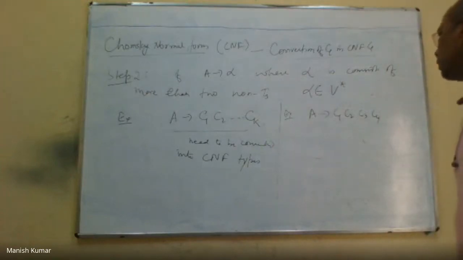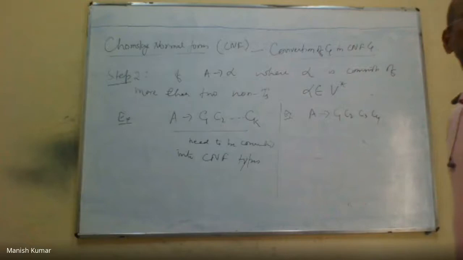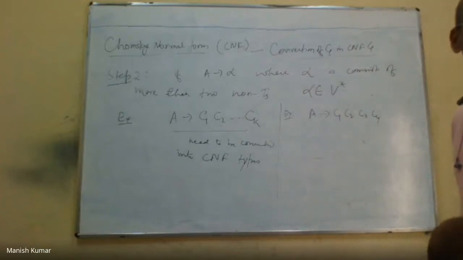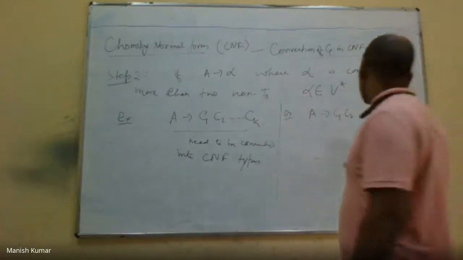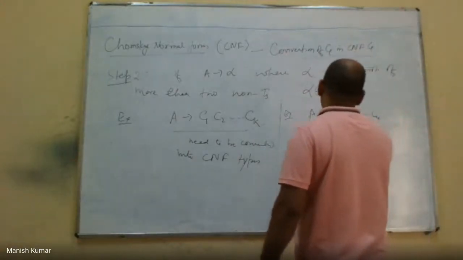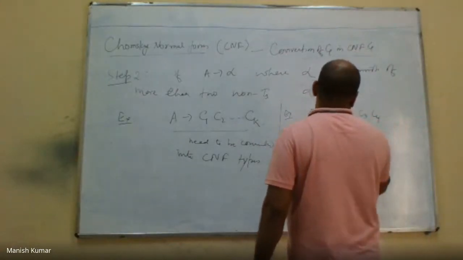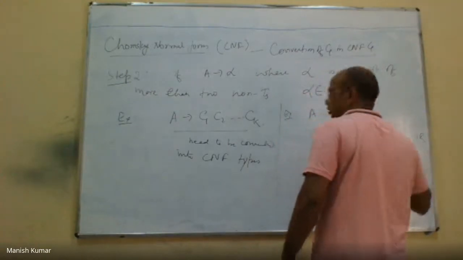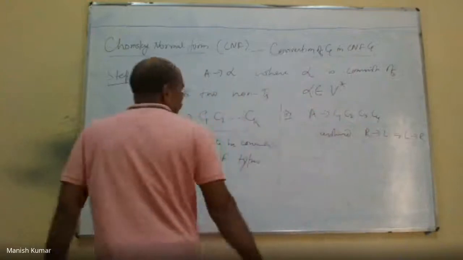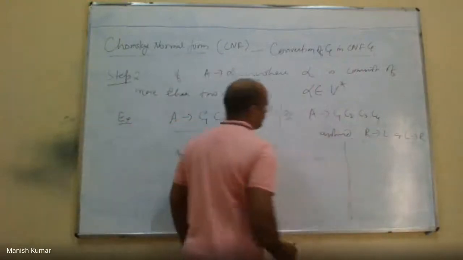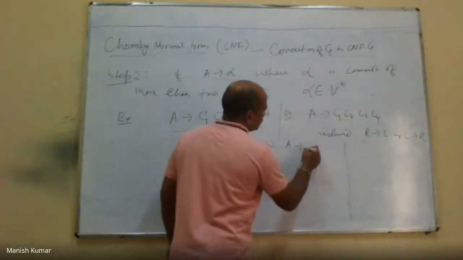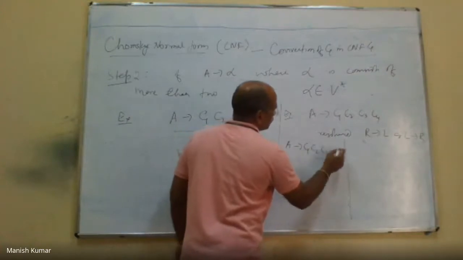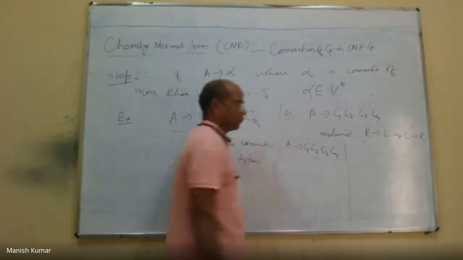This can be converted to CNF in two ways. Either you can resolve it from right to left or left to right. Any way you can resolve. Say this is my C1, C2, C3 and C4.